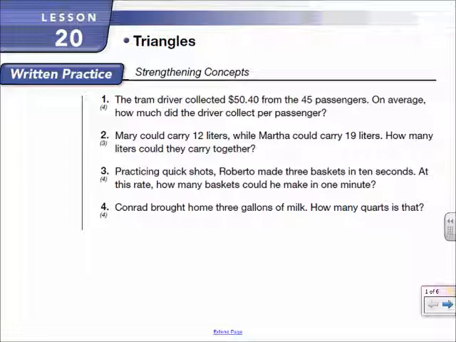So let's get started. The tram driver collected $50.40 from 45 passengers. On average, how much did the driver collect per passenger? So this is an equal groups problem.